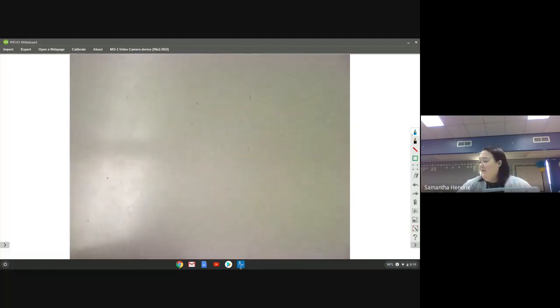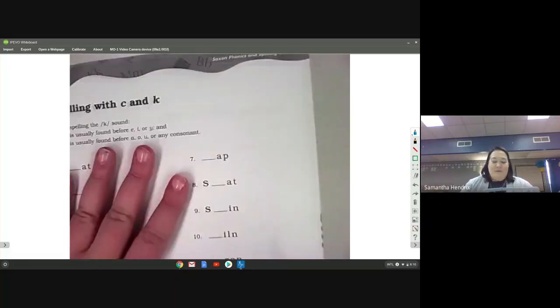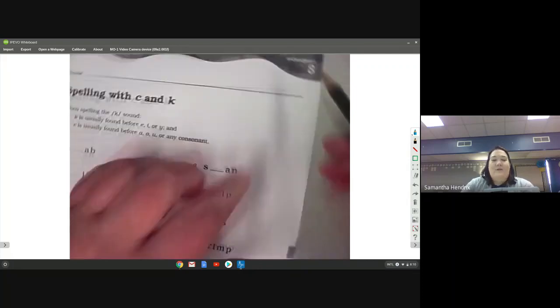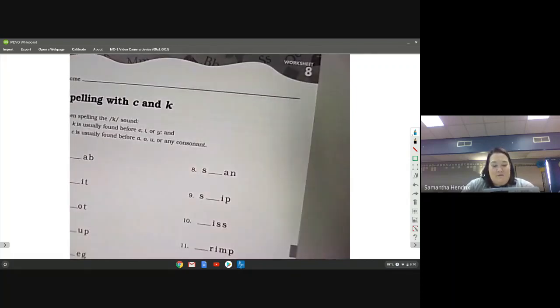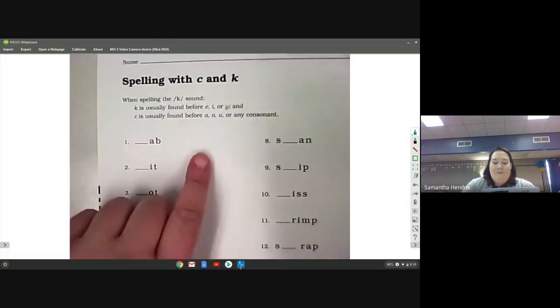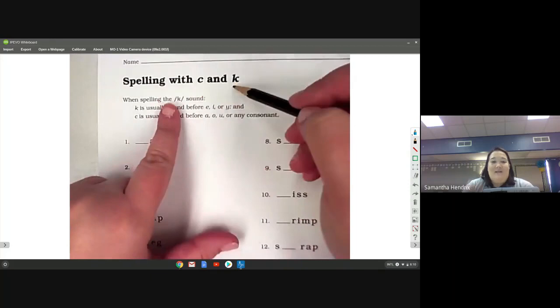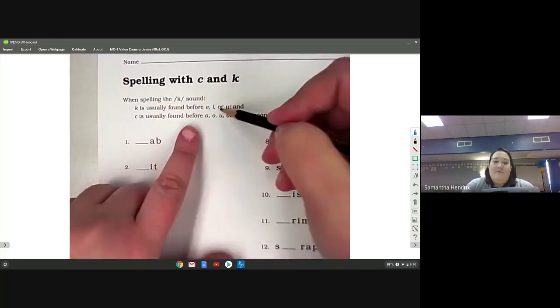We have a test on that on Friday. Okay? So get out worksheet 8. Okay? We're working with the C and K sound. And here's your rule right here.